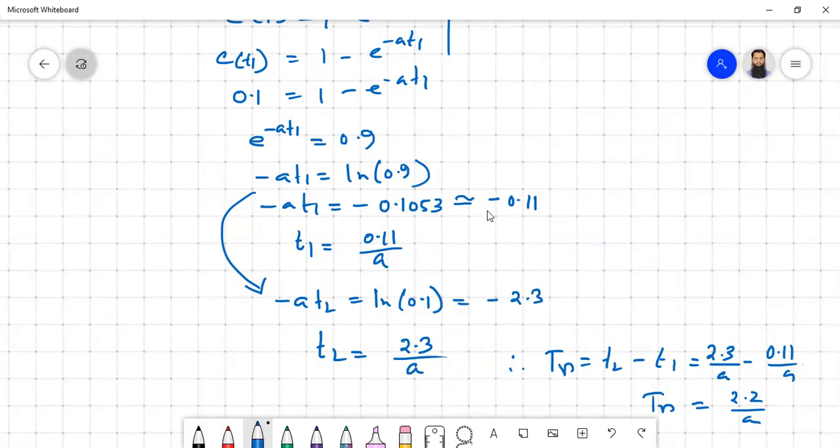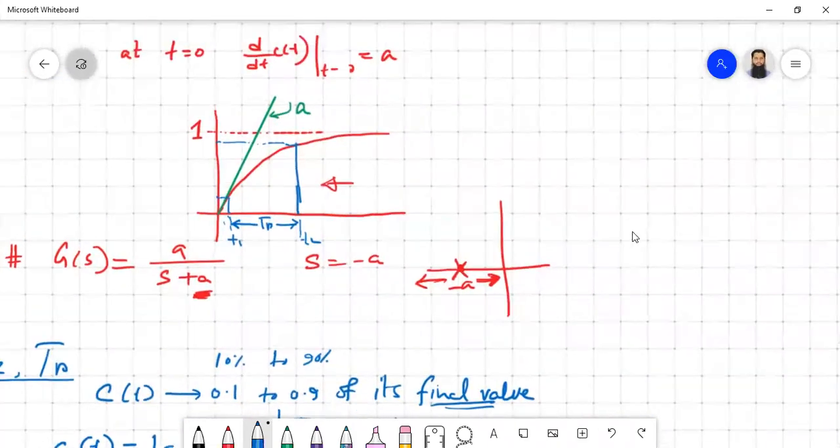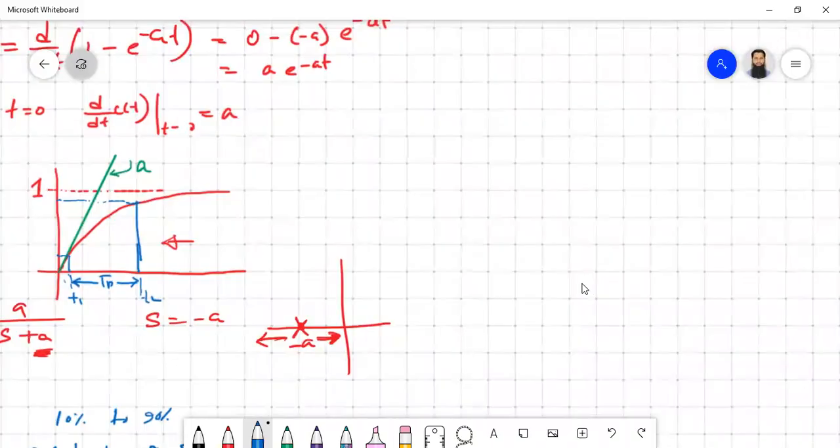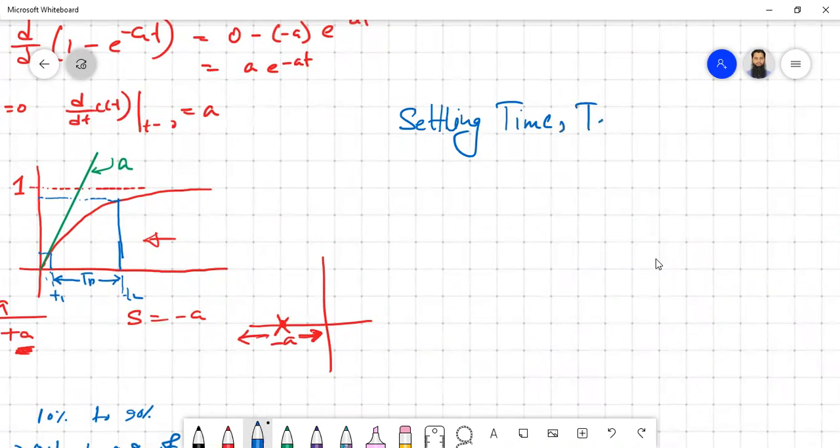Okay. So the next parameter that we have is called settling time. So let me write it here so that you can take advantage of that figure. So the next performance specification is called settling time, TS.